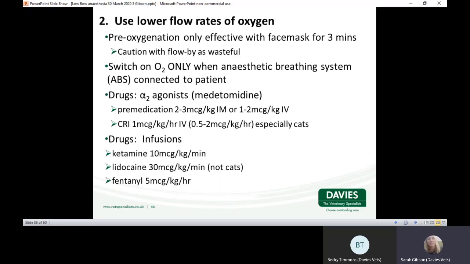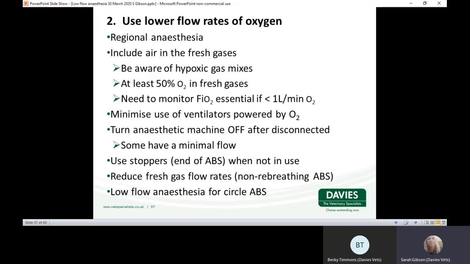Other drugs that can be used as infusions during anaesthesia include ketamine, lidocaine, but not in cats, and fentanyl. The infusion rates are shown here for reference. Also consider if regional anaesthesia can be used in your patient. Nerve blocks, for example, for any orthopaedic surgery or dental surgery are very beneficial.